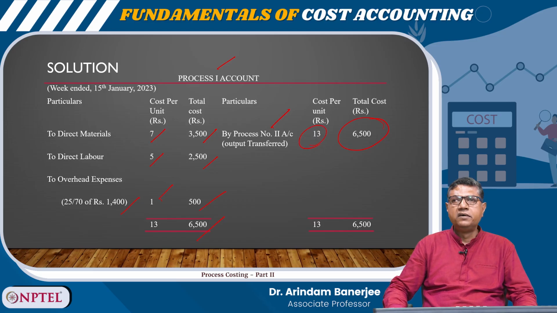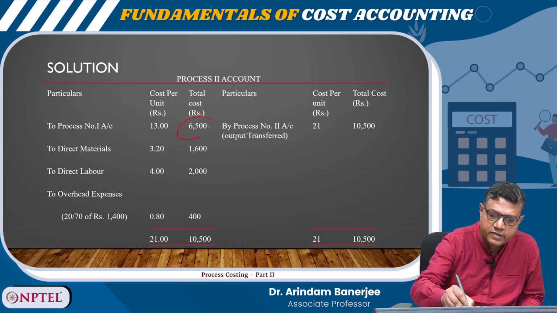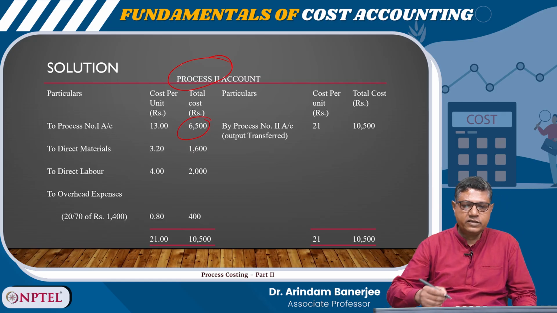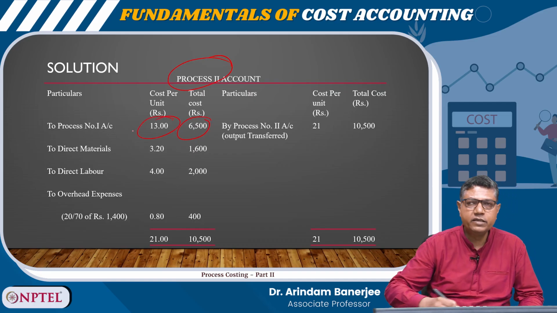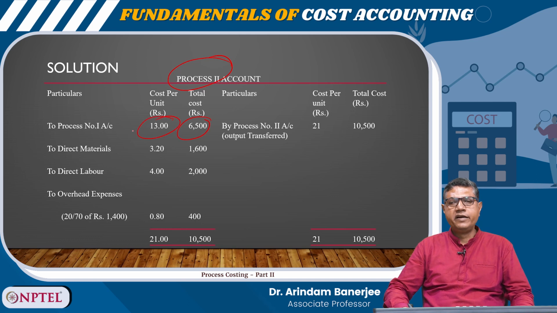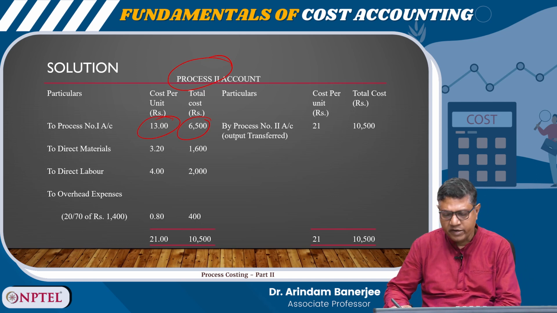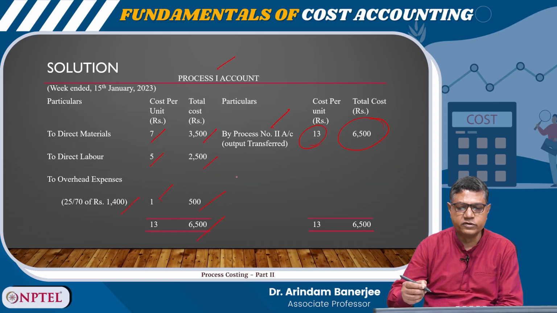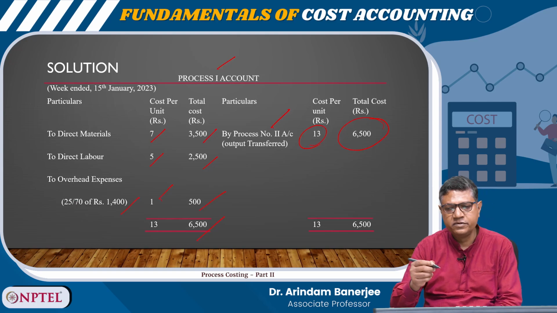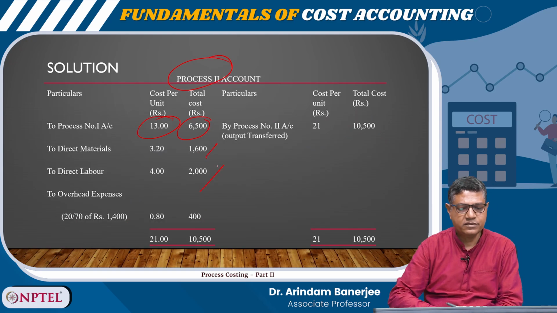In process 2, this is the process 2 account which I am preparing. 6500 is transferred, per unit 13. Then in process 2, the direct material and labor are added. In the question, it is given 1600 and 2000, so we can add 1600 and 2000.